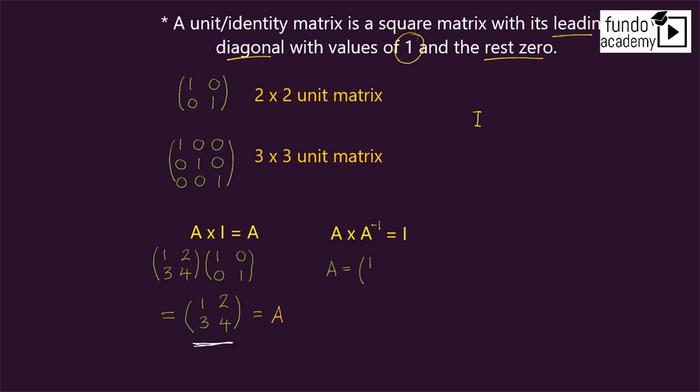And if you have your matrix A, remember we talked about how to find the inverse of a matrix. The inverse of A will come out as A inverse is equal to -1/2 times the matrix 4 -2 -3 1. So we have here a matrix and its inverse.